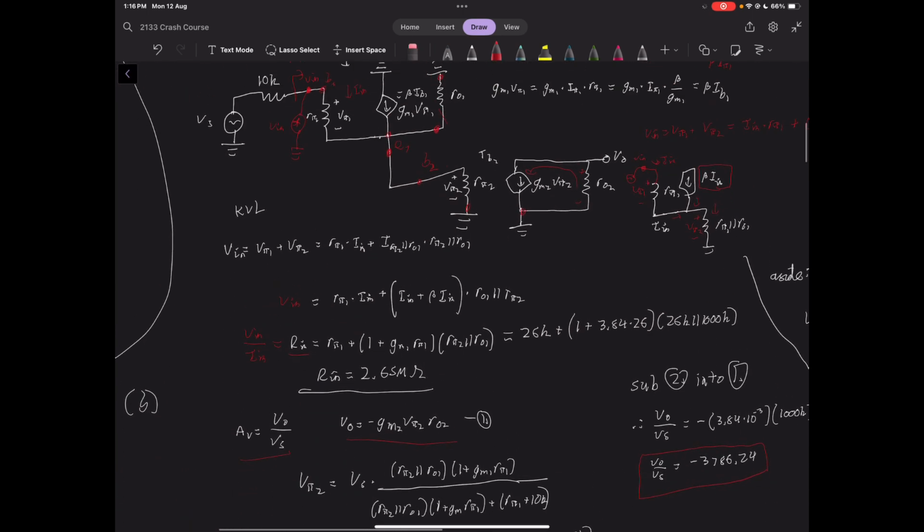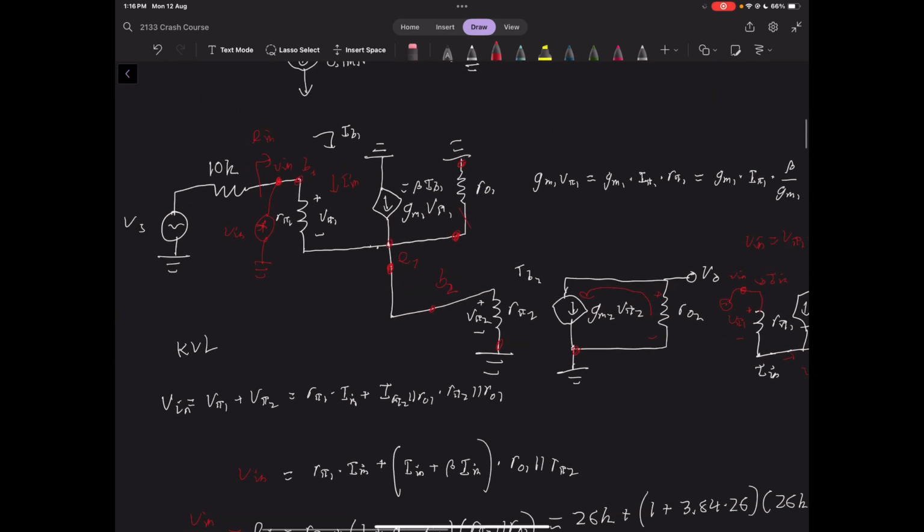Now, a good way to think about solving these circuits is to find chains. We want to sort of build chains of different voltages. So I'll just remove all this because we don't need it. We want to find Vout in terms of Vin. And what that means is, because Vout is pretty clearly kind of disconnected from the circuit here, the link between these two is V pi 2.